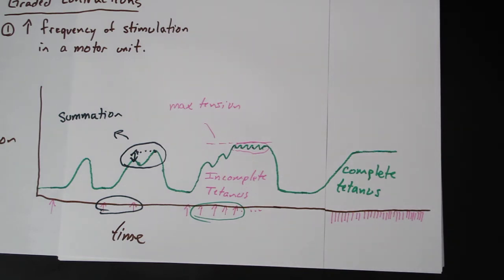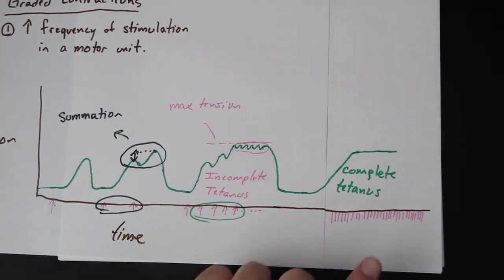And that does cause muscles to go into tetanus. But tetanus itself is a normal physiological function that happens in our everyday lives that helps us to hold things in place. And that's what we see happening here, all right? So for this group of muscle cells that we're stimulating in this motor unit, we can have complete tetanus being held at some maximum tension.